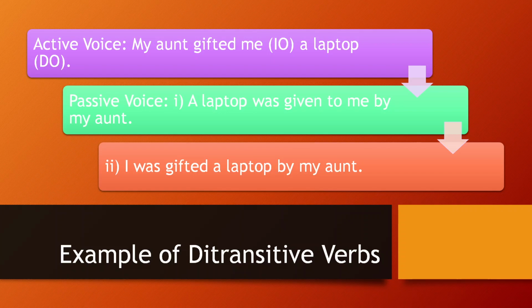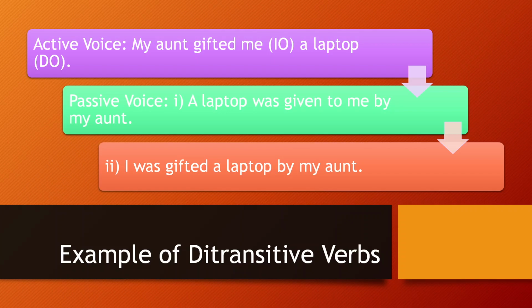IO is the indirect object, me, and DO is the direct object, laptop. So when we change it into passive voice, we can have two forms. Either we bring the direct object to the subject position, or we bring the indirect object to the subject position in passive voice.